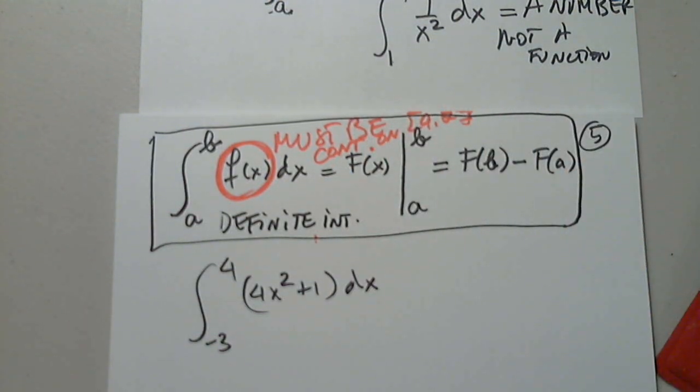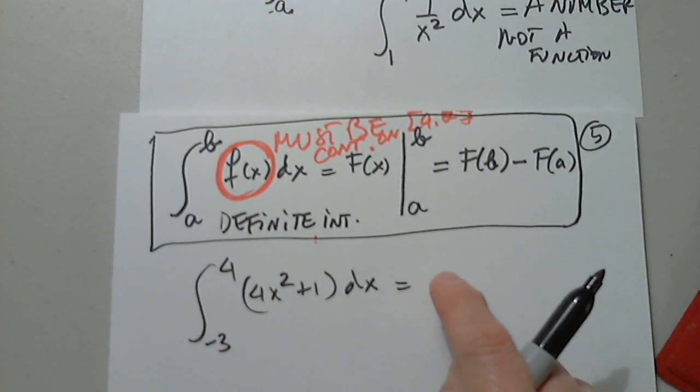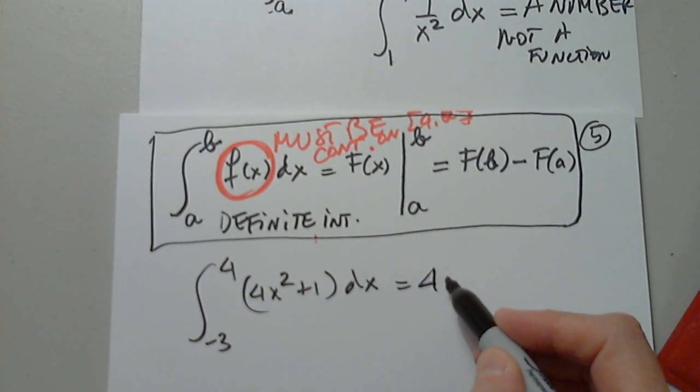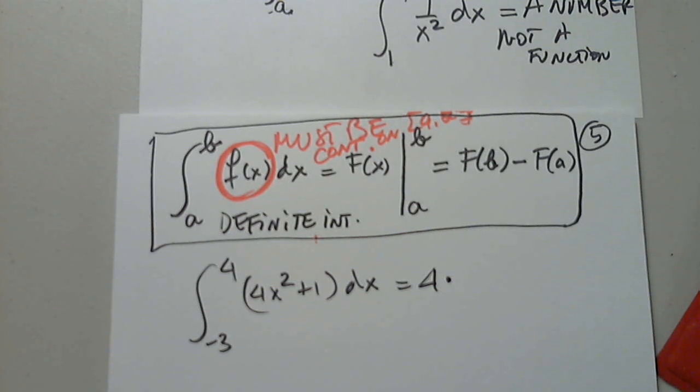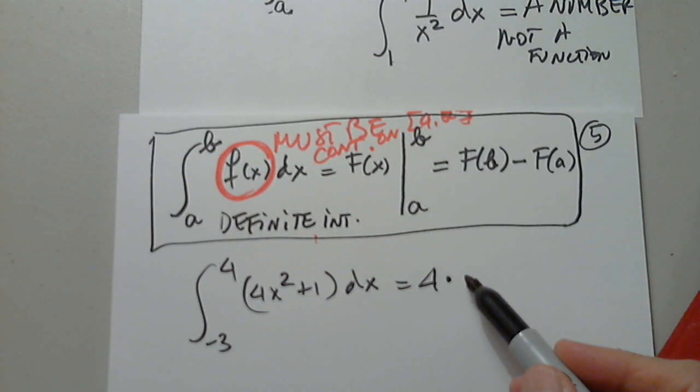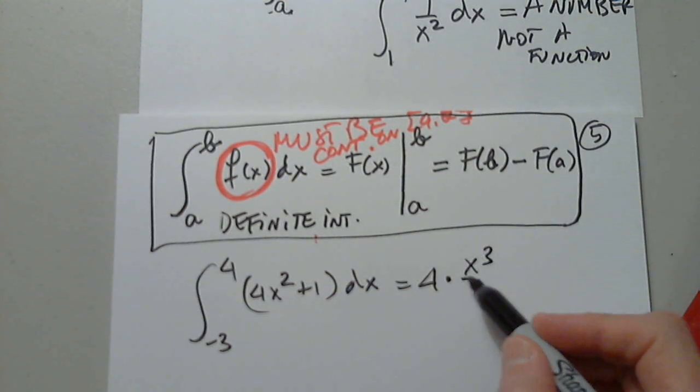So first I have to identify what function, prime, is 4x squared. In other words, what function, prime, is x squared, to be exact. What do I get? x cubed over 3. Excellent.